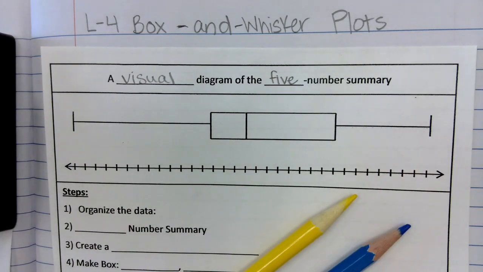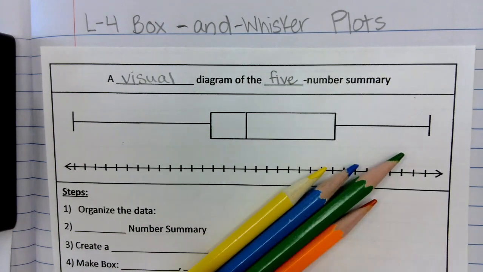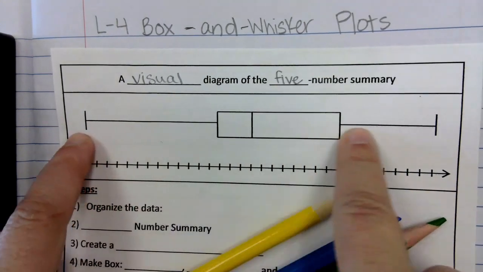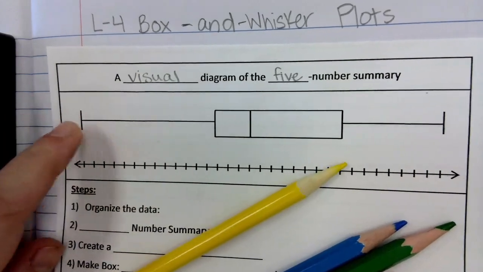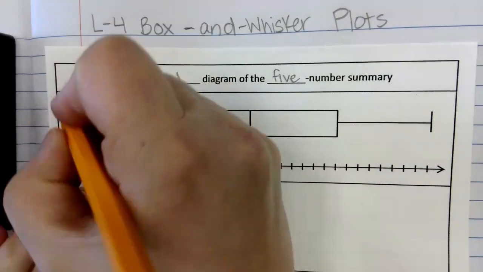So if you want to use the same colors, you can, or just pick 4 colors that you like or that are available to you. All right, if this is going to represent our 5-number summary, what's the smallest part of our 5-number summary? The minimum. Good. So this is our minimum.